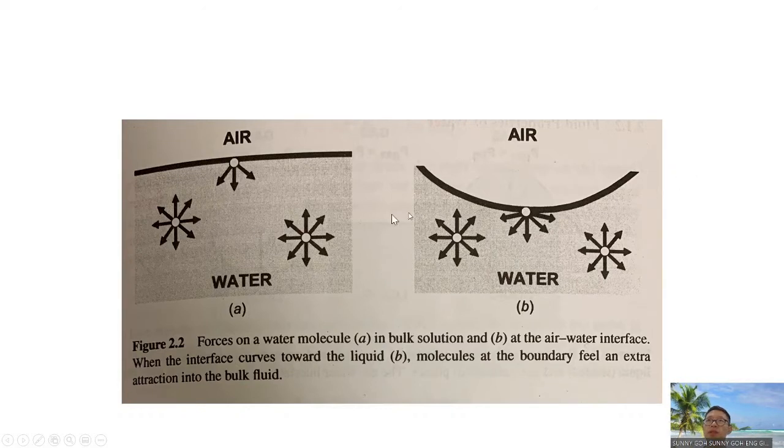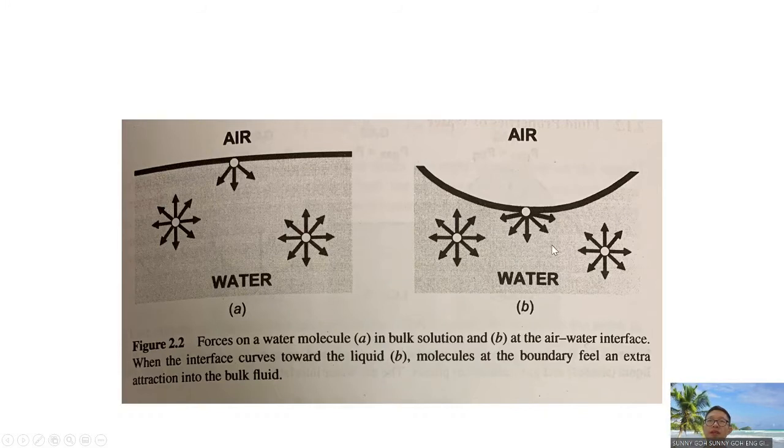The only difference between these two diagrams is that the horizontal surface is showing that the water at the surface is attracted into the bulk of water, but it's not that strong when compared to the attraction forces in figure B. In figure B, you can see that the curvature, the surface of the water, is caved in towards the water body.